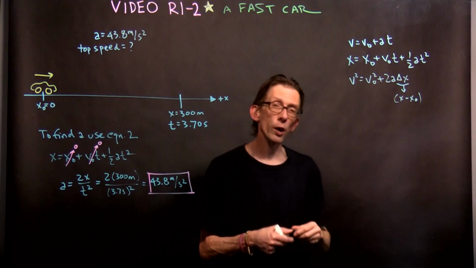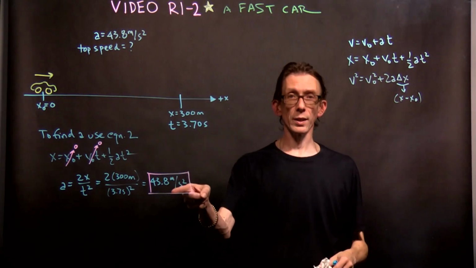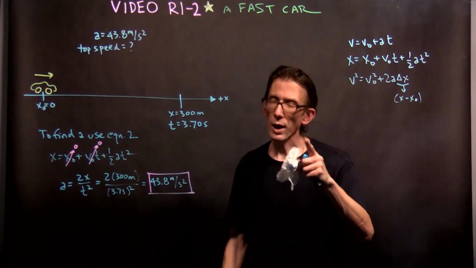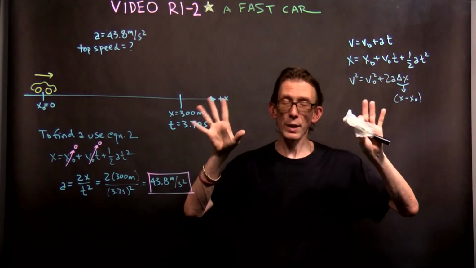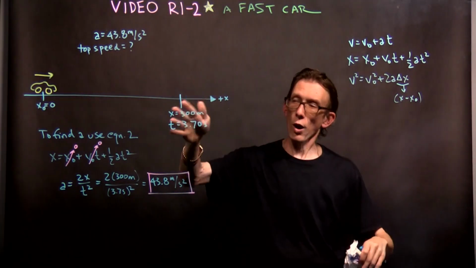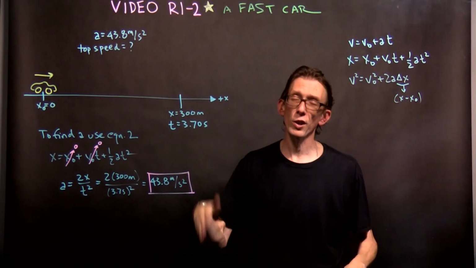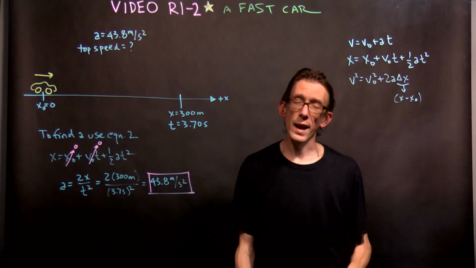Now, where is the car going to be when it's going the fastest, if it's accelerating constantly, which it is? Let me hear you, through time, through the internet, let me hear you. Where is the car going to be moving the fastest? Where will it achieve its top speed? If it starts at rest and goes faster every instant, where is it going the fastest?